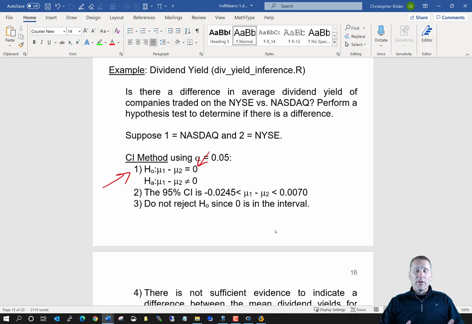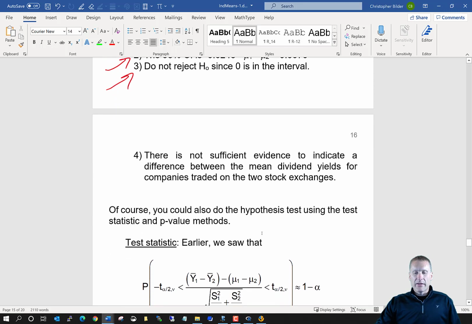I decided for this particular example to look at a two-tailed test. Okay, so then we state our confidence interval. Notice that 0 is inside the confidence interval, so therefore do not reject H0. And lastly, what does this mean in terms of the original problem? There is not sufficient evidence to indicate a difference between the mean dividend yields for companies traded on the two stock exchanges.